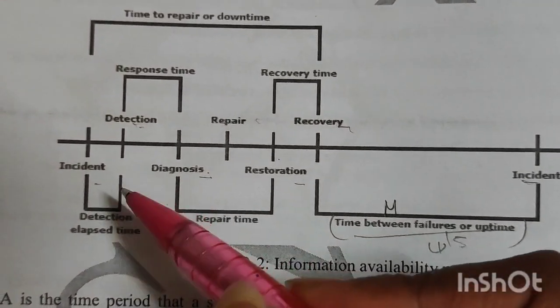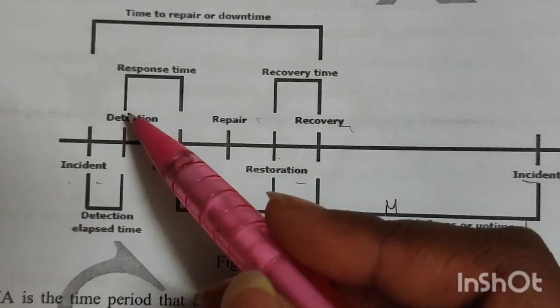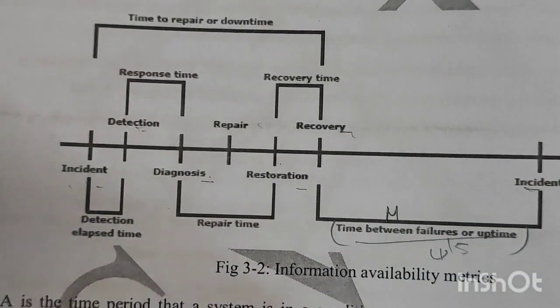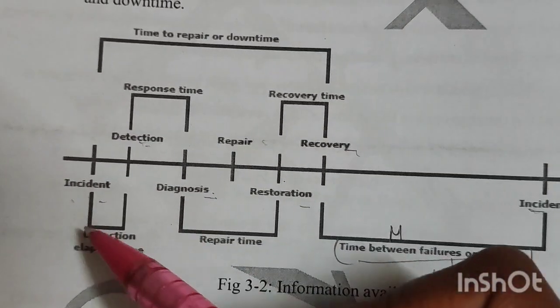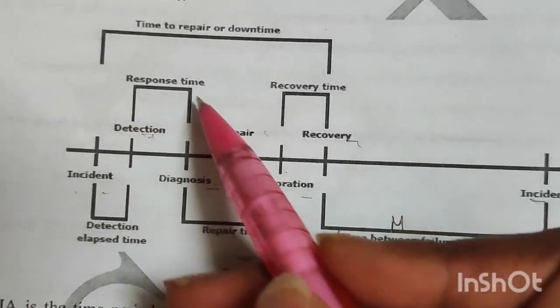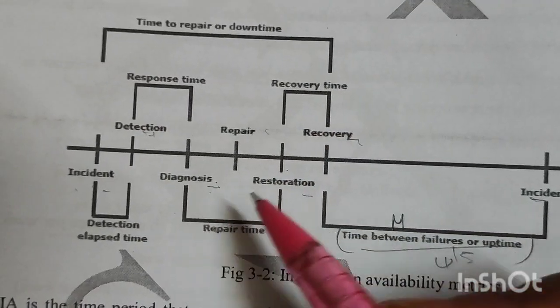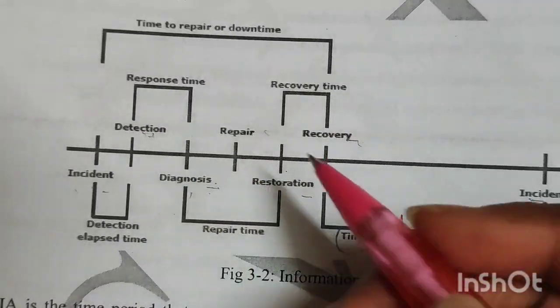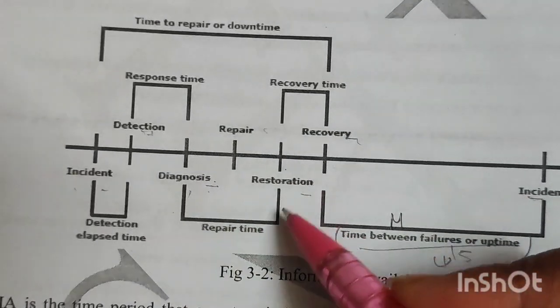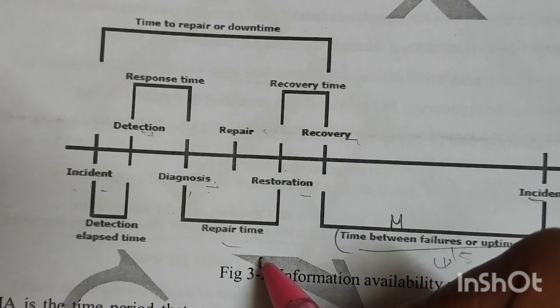Then, when you have an incident and you're detecting it, this part is called detection elapsed time. You don't know what happened there, so you're trying to figure it out. After detection, you're diagnosing it, so that is your response time. When you diagnose, then you repair it and restore. Until restoration, totally it's called repair time.